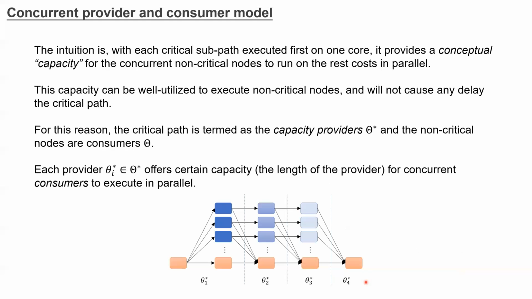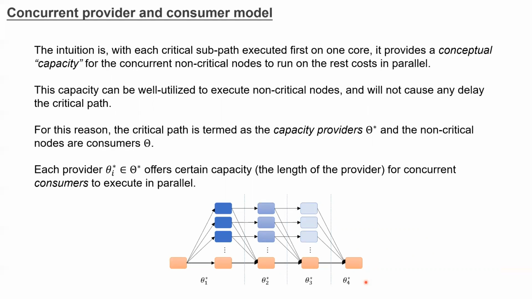And the underlying intuition is that with the critical subpath executed first on one core, it naturally provides a conceptual capacity on the rest of the cores for the non-critical nodes to execute. And by utilizing this capacity to execute, there will be no delay imposed on the critical path.